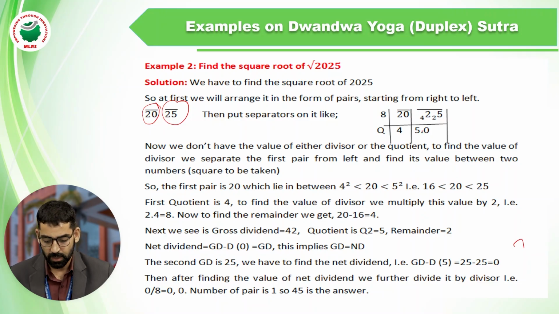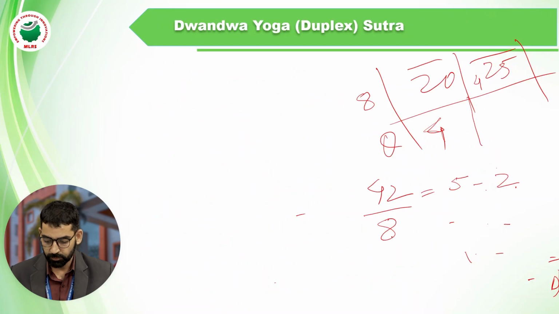So we are left with 0. So duplex of 0 is 0. So net dividend equals 42. When we divide 42 by 8, the quotient is 5 and remainder is 2. So you put 5 here. Now we have the second quotient, that is 5, and we have remainder 2 which goes out there. This becomes 25.